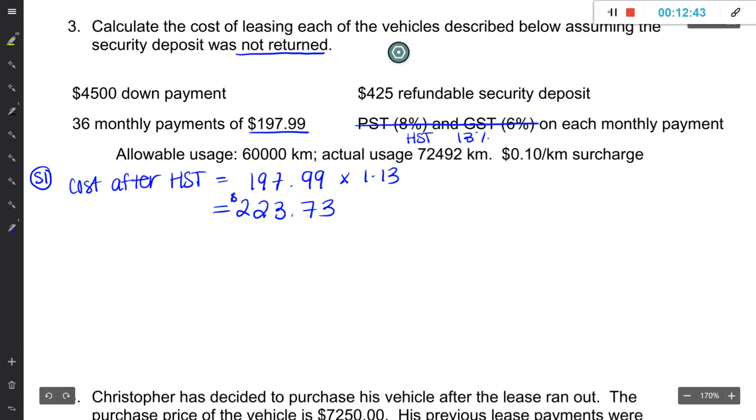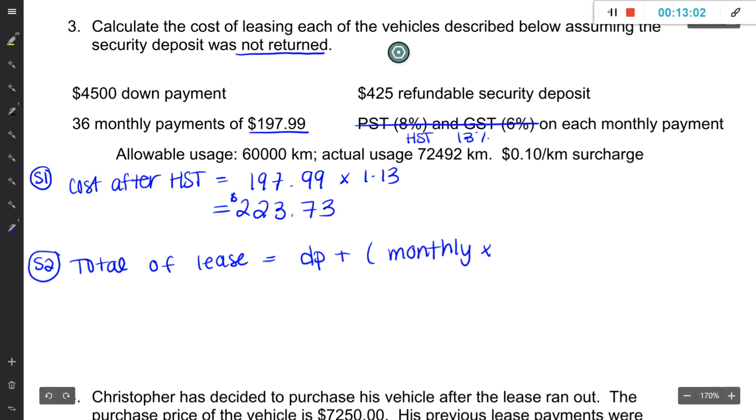Okay, so that's going to be your monthly payments after HST. Then step 2 is going to be find out what your total cost of the lease is. So your total cost of lease is going to be whatever down payment you put onto it plus any monthly cost times number of months.